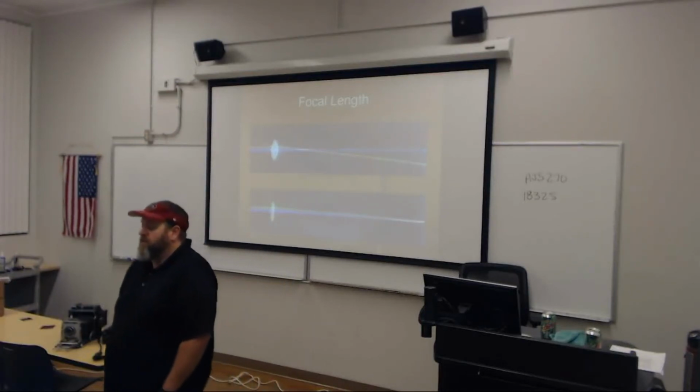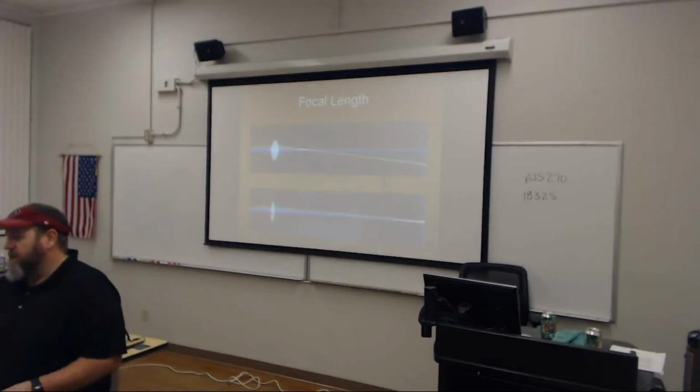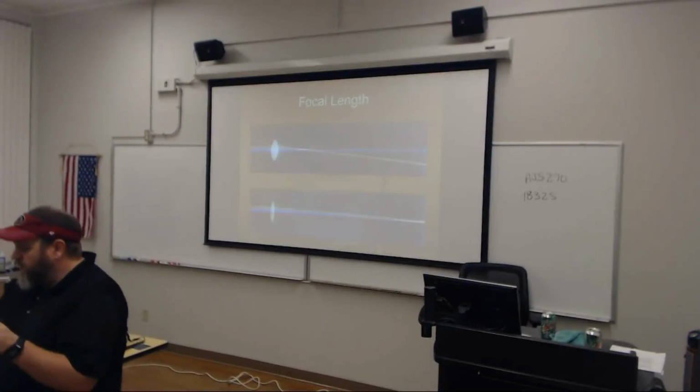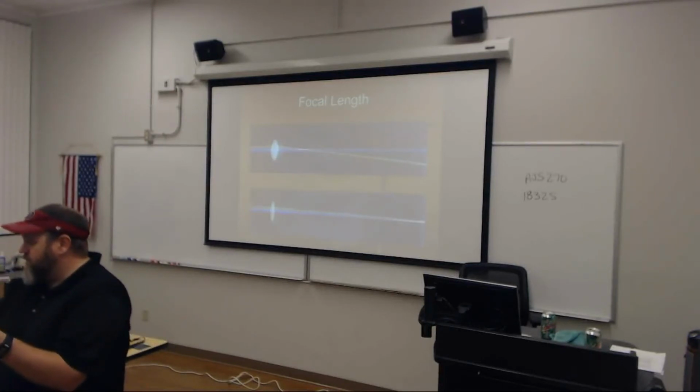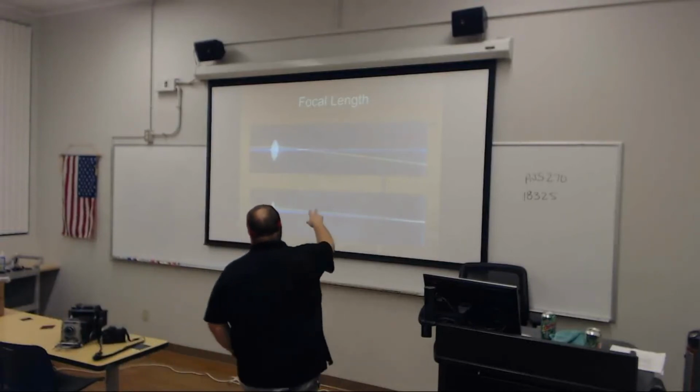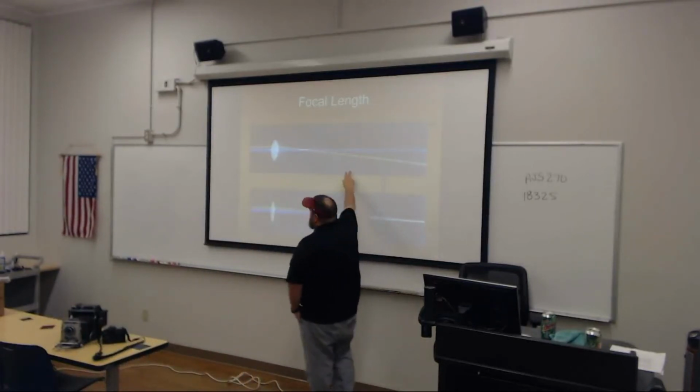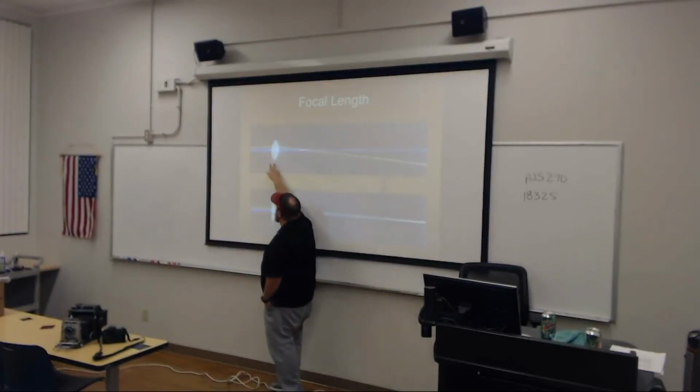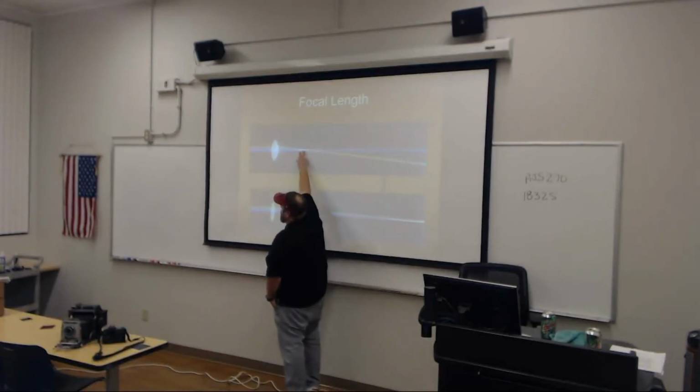So the focal point is the point where light traveling through a lens converges, comes together, where it focuses. So looking at this lens here, illustrated here on top, here's the lens, right? Light travels through it. That's the focal point right there. With me so far?